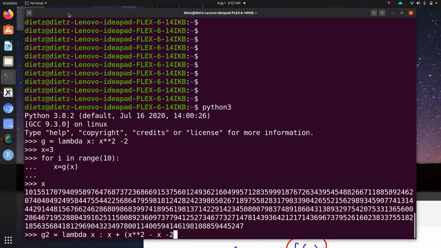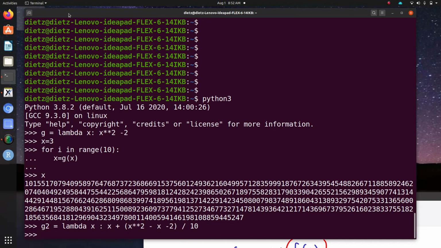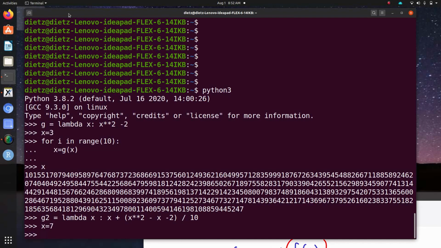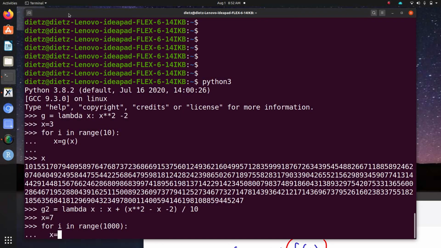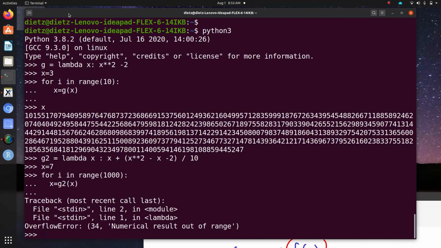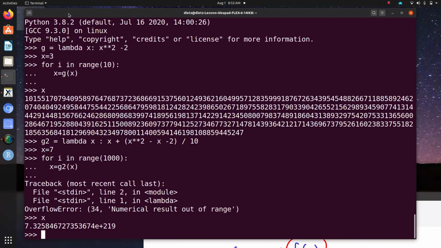Don't forget how to do powers in Python, because if you try to use that other symbol you're going to get bit shifting. Here's my g, and let me start with some fixed point. x is 7, and then for i in range 100, I'll make it 1,000, I don't care, x is equal to g2 of x, and well, it did not work.